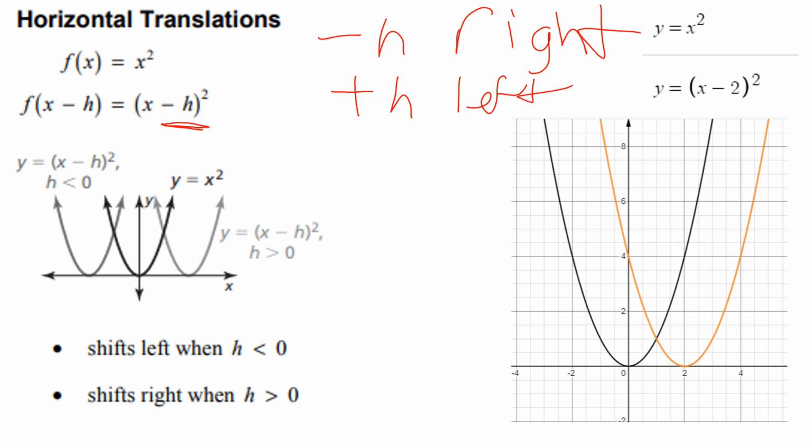I would ask you on your test, why is that? And you would say, because the graph represents the solution to the equation. Let me repeat that again.